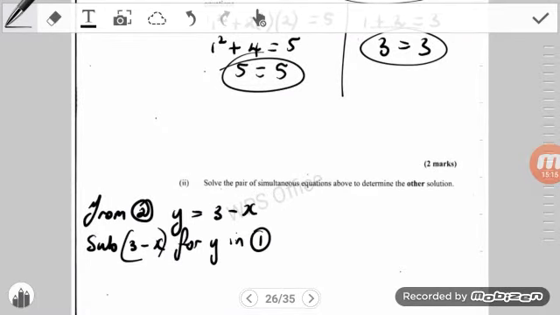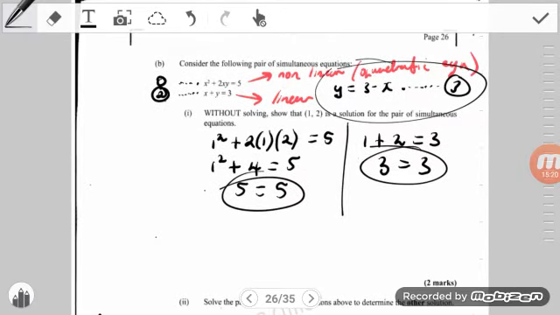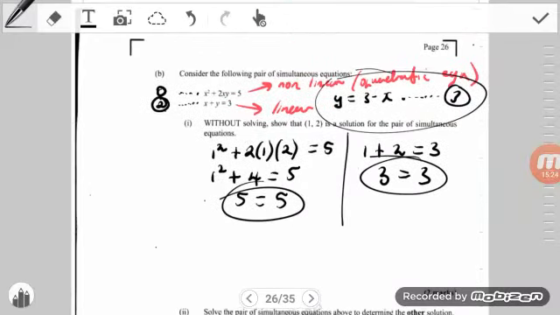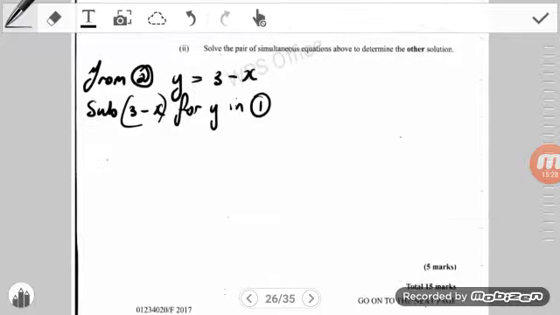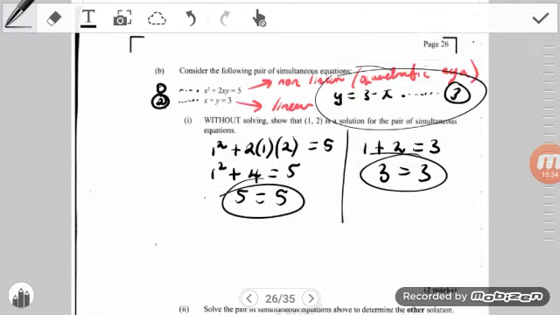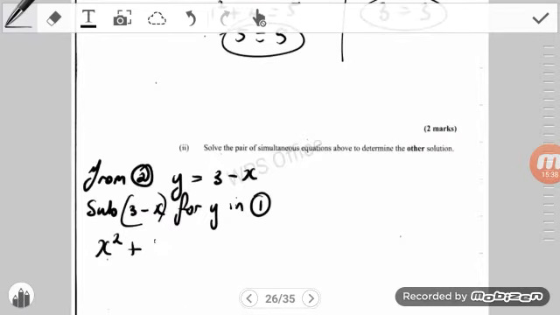So anywhere I see a y in equation 1, I'm going to substitute 3 minus x. So here's equation 1. We have x squared plus 2xy, so that's going to be 2x times the value of y.